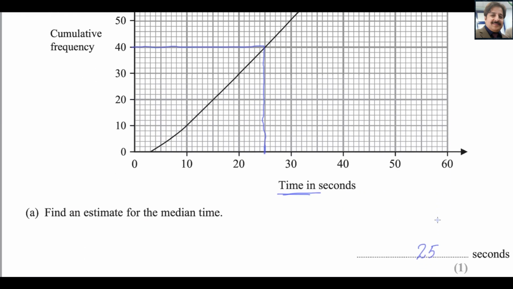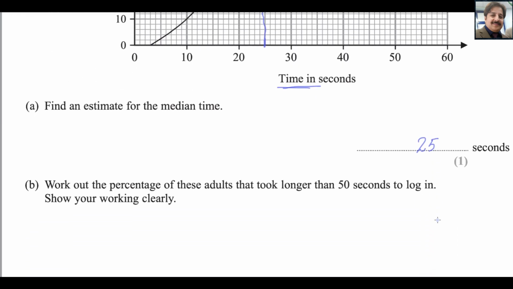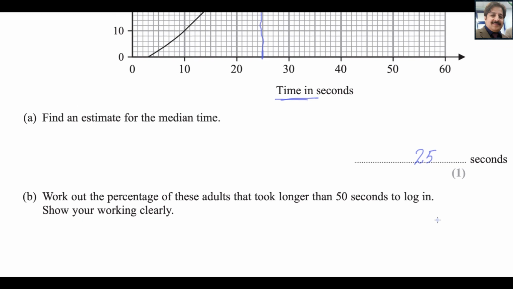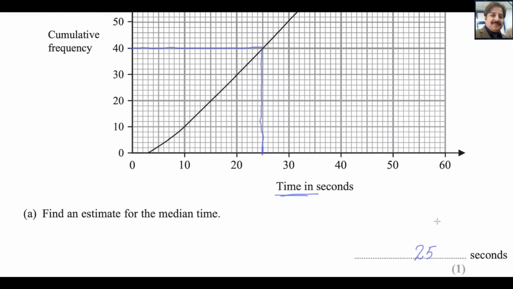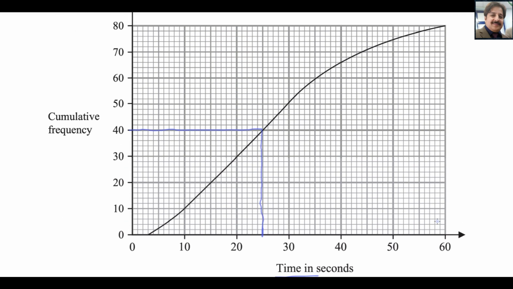Now for the second part, work out the percentage of these adults that took longer than 50 seconds to log in. Show your working clearly. Here, 50 seconds. You will find the number of adults who are taking more than 50.